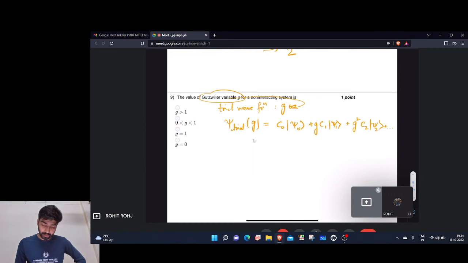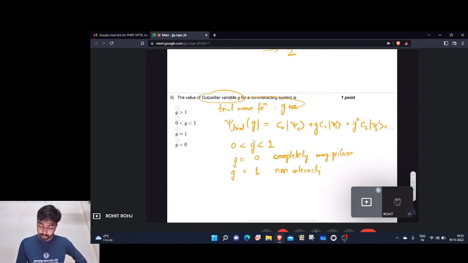Now according to this approach, G can take values between 0 and 1, so we have 3 cases. When G is equal to 0, we have a completely magnetic picture, and when G is equal to 1 it means a non-interacting system.